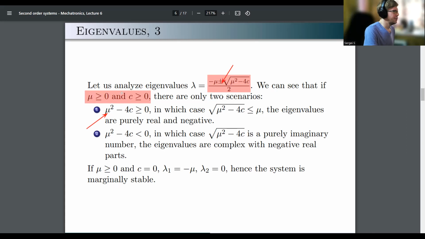So imaginary numbers don't spring out of something like this. It has to be negative for imaginary numbers to appear. The fact that it is purely real is obvious, because this guy does not have a chance to produce imaginary numbers, and negative real because of the test that we saw previously.